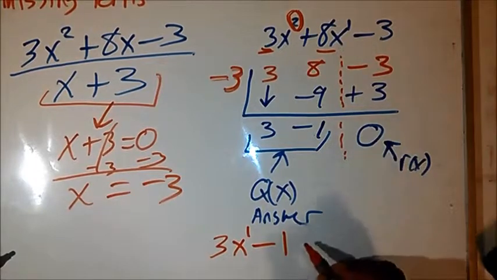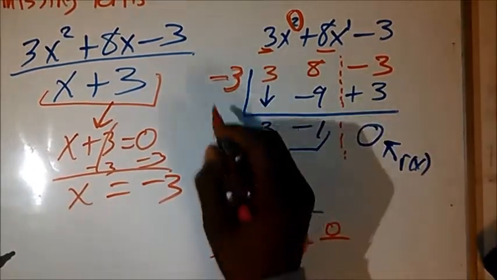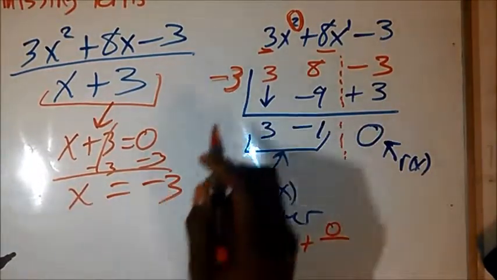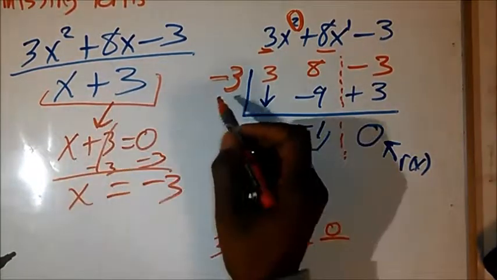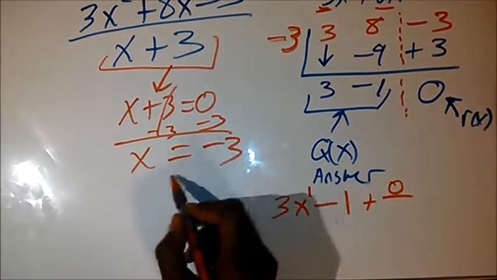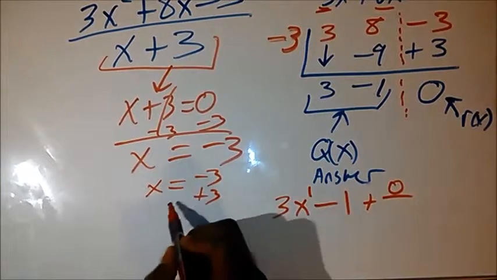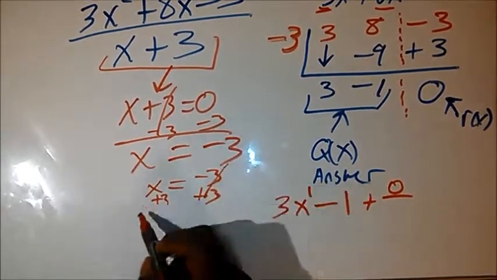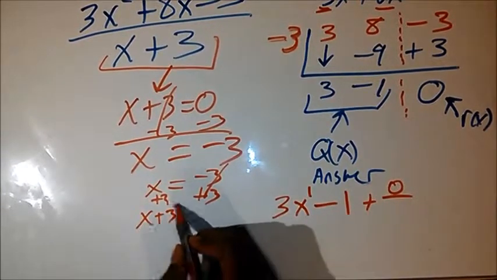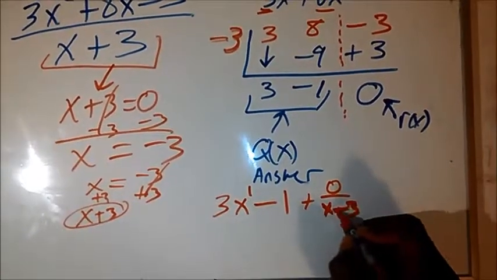And there's an invisible 0 there, right? Plus 0 over our divisor. We put it back into this form. So we have x equal to -3, and you're going to put it back over there as x plus 3, which is equal to 0. So you'll have x plus 3 here.